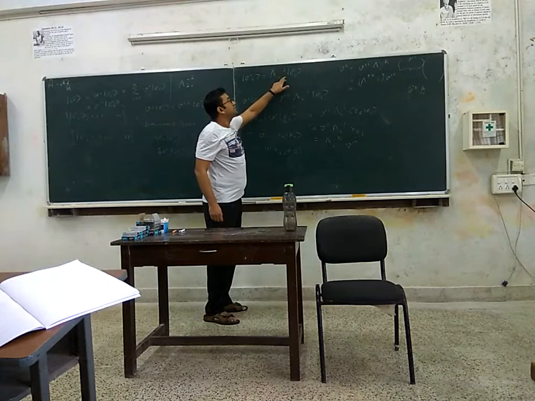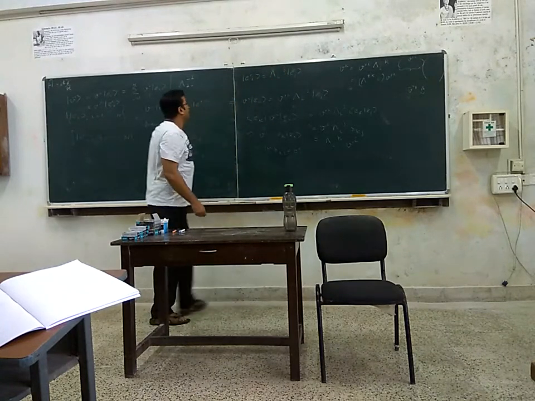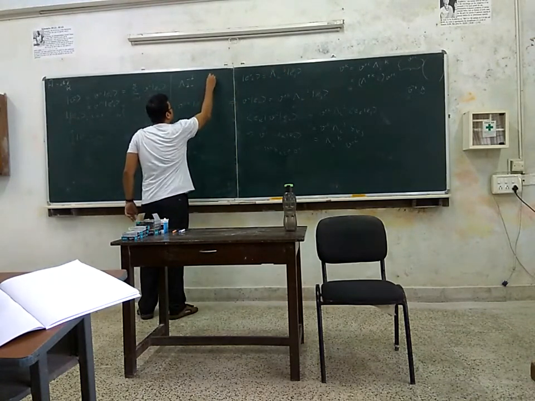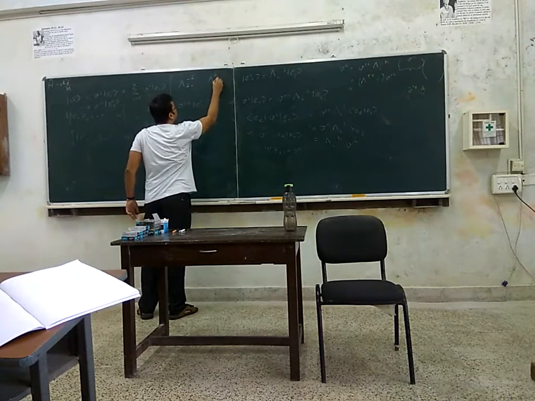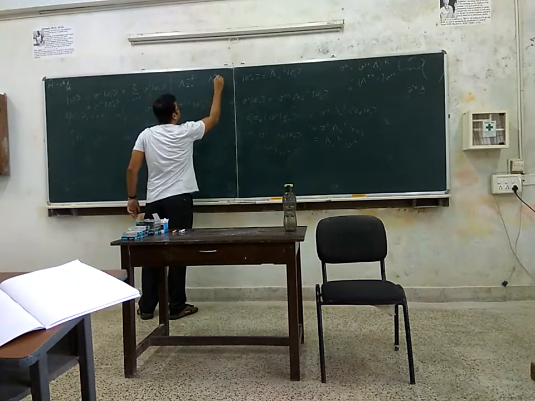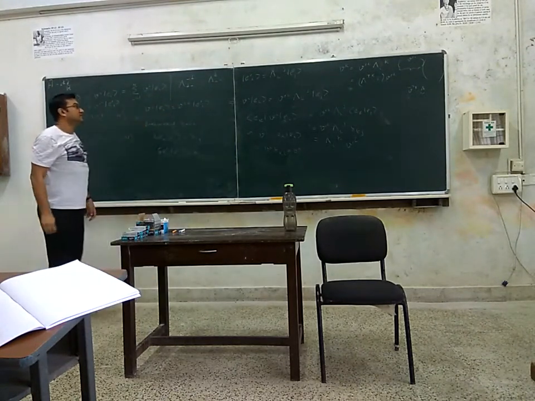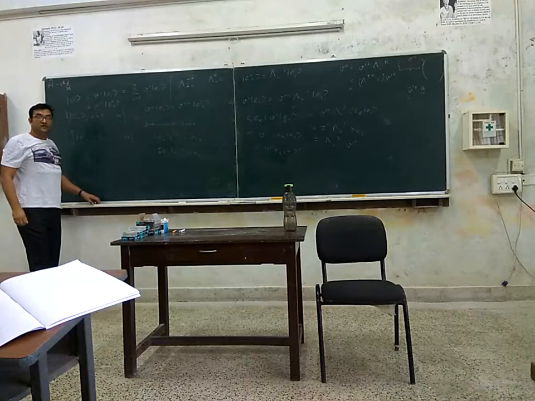If I take the transpose, what will I get? J comes here, so I write it here. I comes here, so I write it here. Okay?